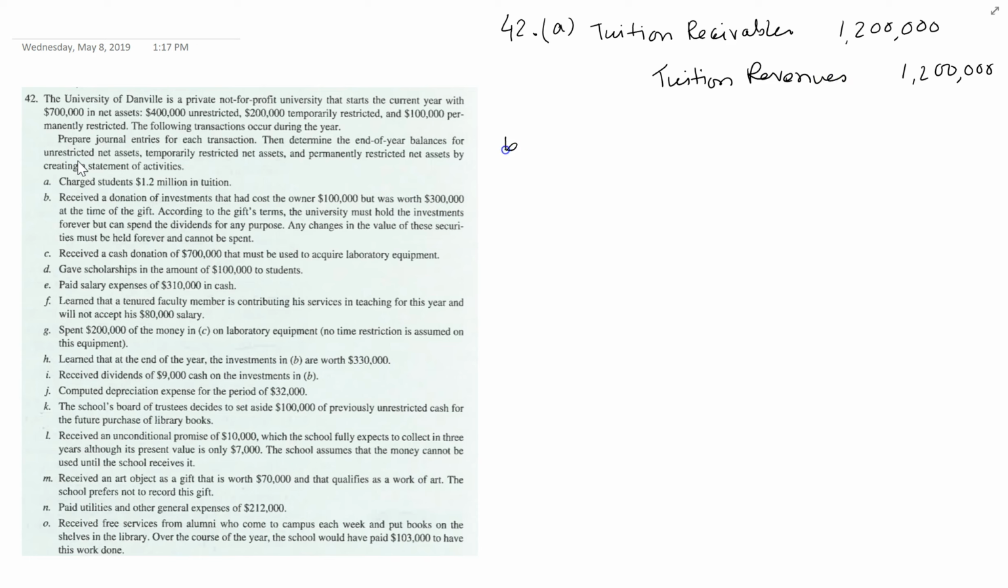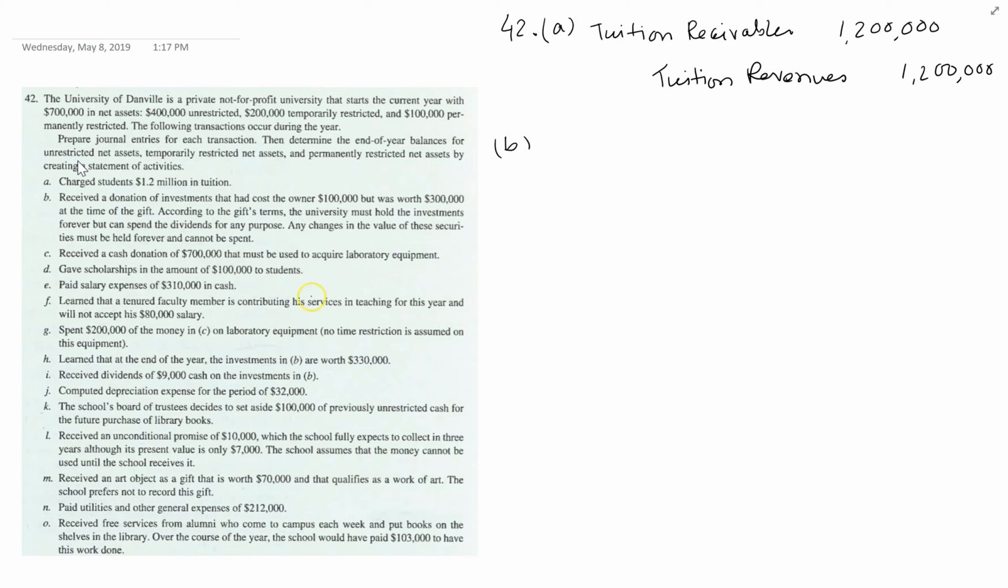Now, let's read the second entry. Second entry says that they received a donation of investment that had cost the owner 100,000, but it was worth 300,000 at the time of the gift. According to the gift's term, the university must hold the investment forever, but can spend the dividends for any purpose.